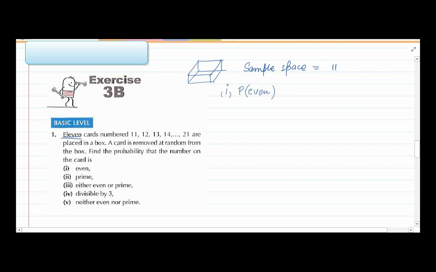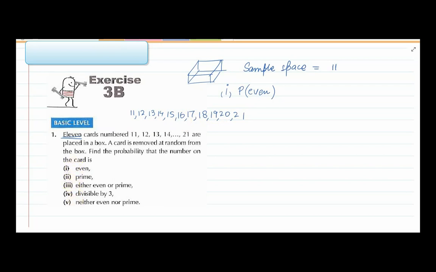Now we know that even numbers are those numbers that are divisible by 2, right? So firstly, to make the question easy, I am going to write down all the numbers: 11, 12, 13, 14, 15, 16, 17, 18, 19, 20, 21. Now this data I can use for all 5 parts, right?